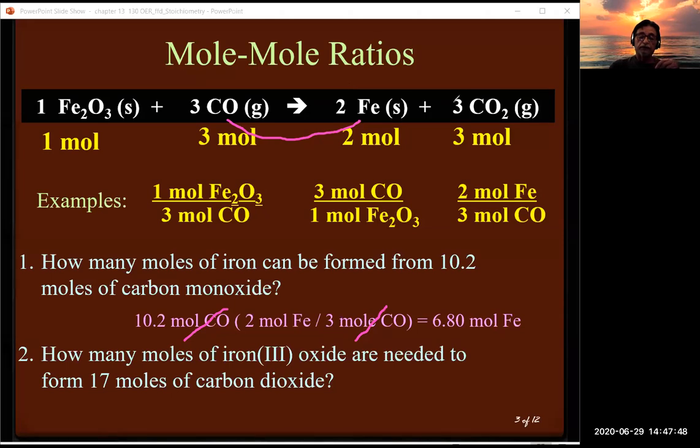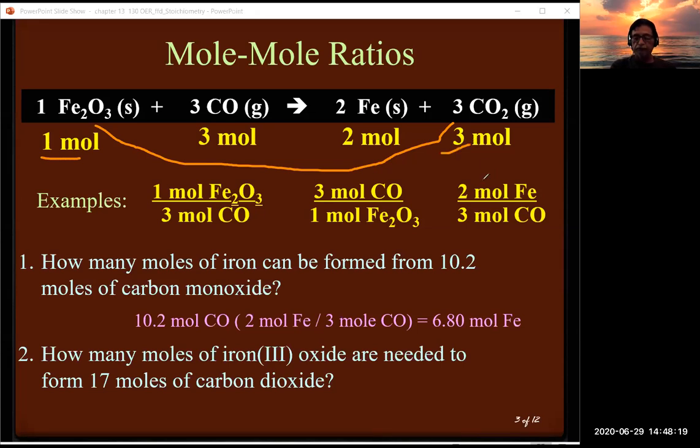Next question is how many moles of iron 3 oxide are needed to form 17 moles of carbon dioxide? And so we're looking at the relationship between iron 3 oxide and carbon dioxide, which is a 1 to 3. We're not concerned about any of the other reactants or the products, only between the iron 3 oxide and the carbon dioxide.